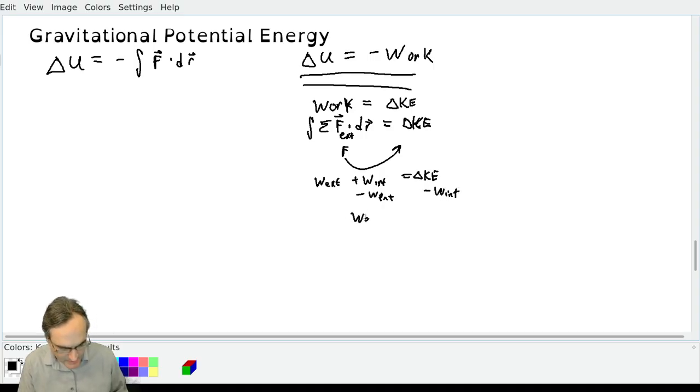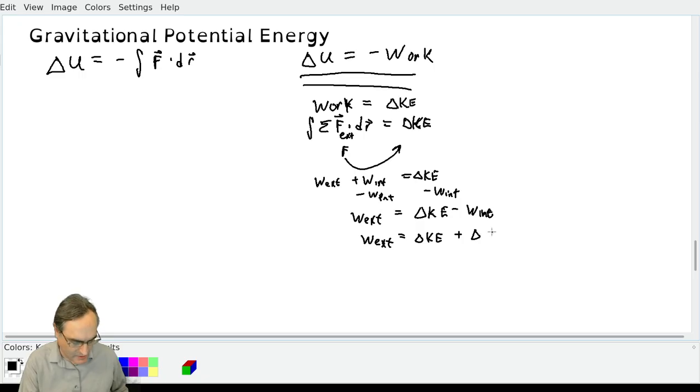In the end, we get whatever remaining external works there are equal to the change in kinetic energy minus the work done by that now internal force. And of course, we just choose to rewrite that in the end as the potential energy done by the same force.